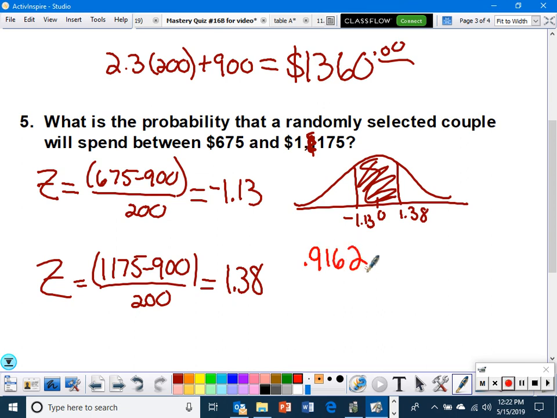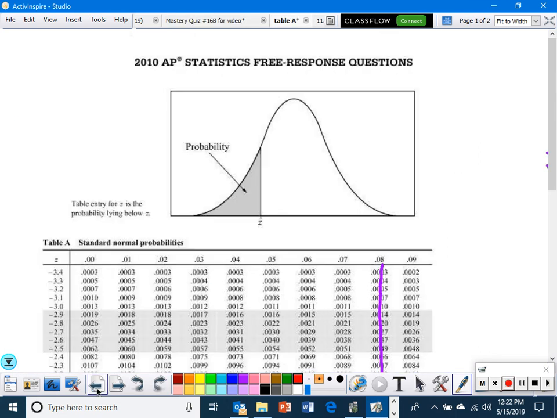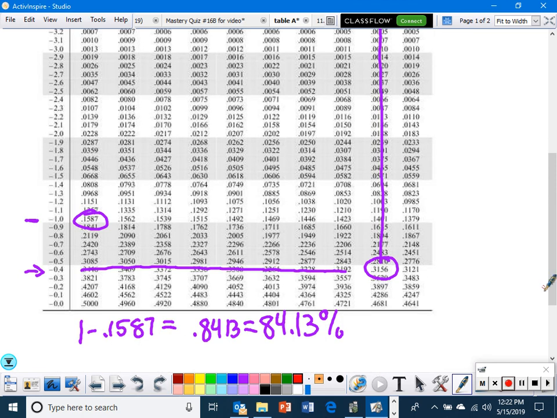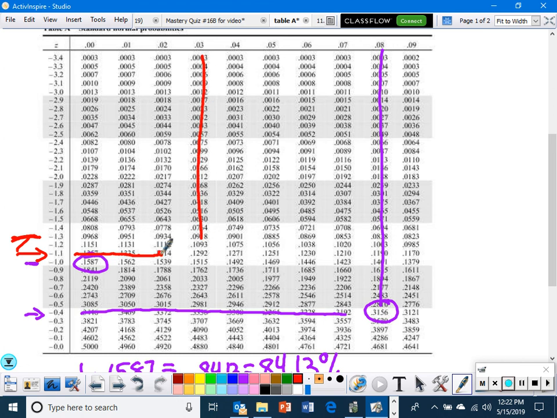Now I'm going to look up the smaller one, so I'm going to go back to my table and look up negative 1.13. Negative 1.13: 0.1292.